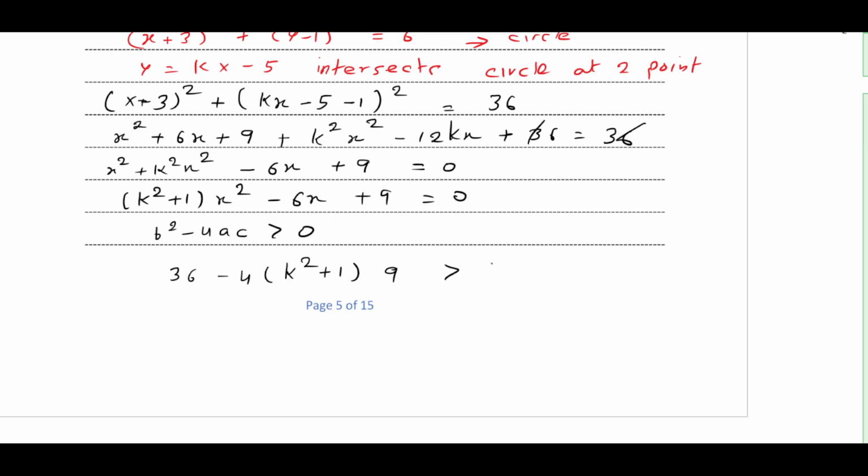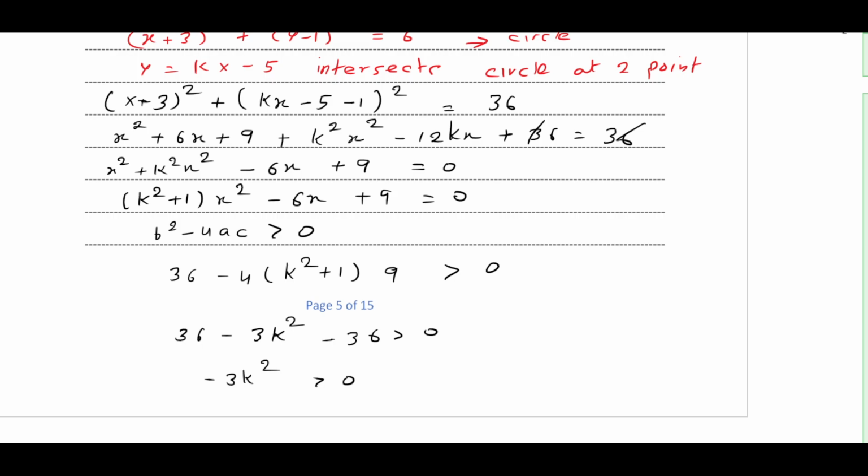So this should be greater than 0. It is 36 minus 36k square minus 36 should be greater than 0. So that gives me minus 3k square should be greater than 0.